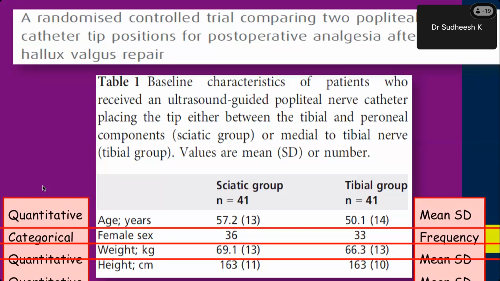Likewise, we have two other parameters, height and weight. They are quantitative continuous data. So how are they represented? In the case of age, it's quantitative continuous, so it is represented in the form of mean and standard deviation. Whereas the gender distribution, male and female, is basically categorical binomial data, and it is represented in the form of frequencies.